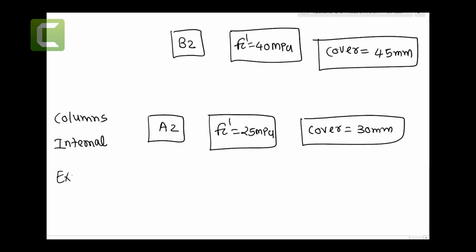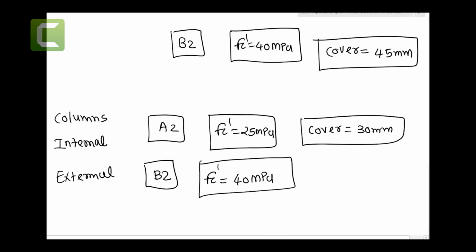External, we will have B2 classification. f'c for B2 classification is 40 megapascals. We already specified that in the beam. So same thing, cover is 45 millimeters for the columns.